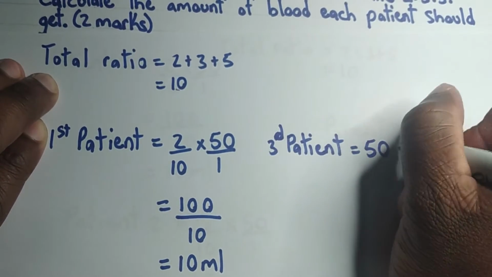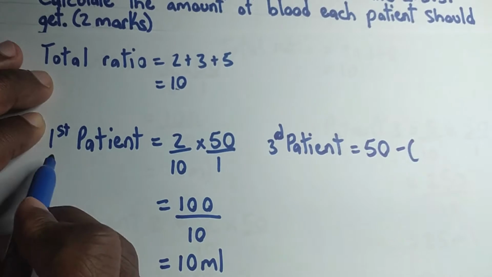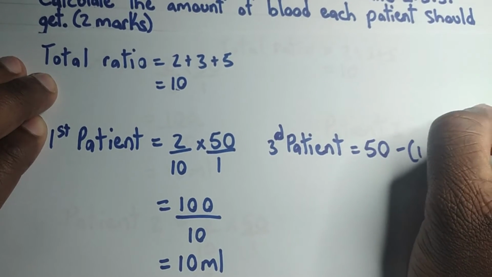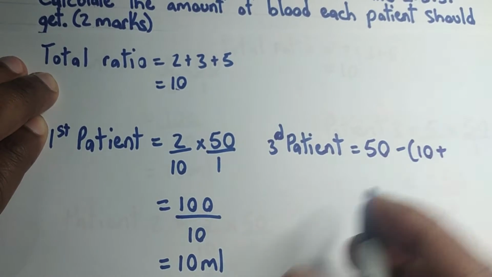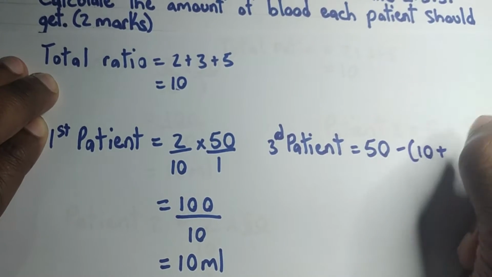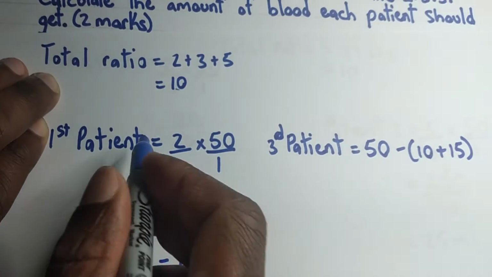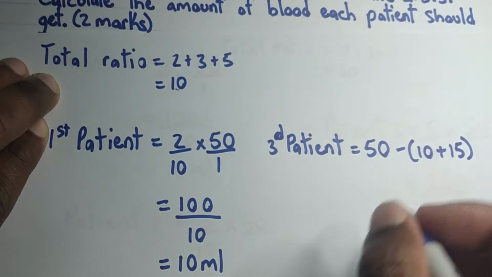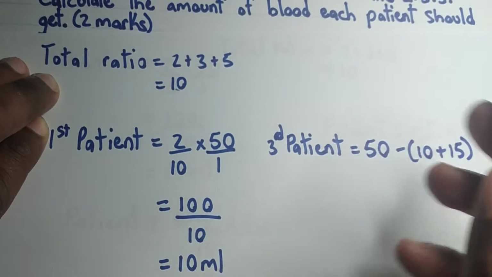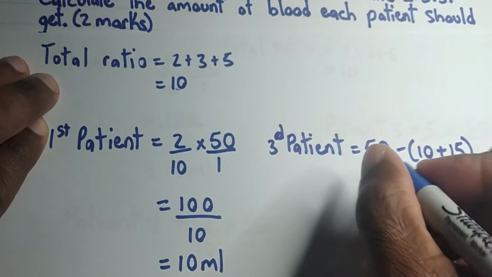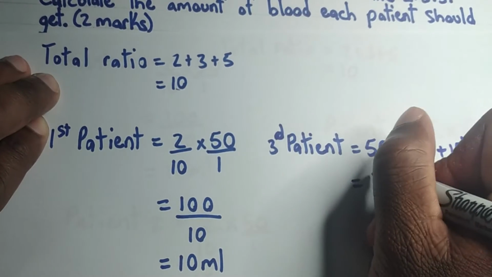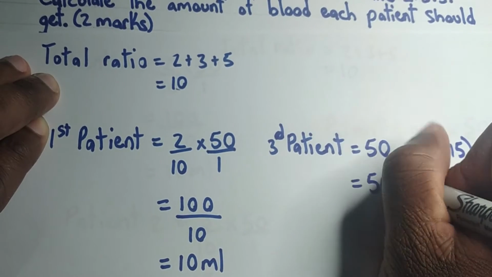50 milliliters minus what? Patient 1 would have obtained 10 milliliters of the blood, and patient 2 would have obtained 15. So what we're going to do is to add both of these shares and then minus that from the amount of blood, and that will give us the amount of blood that will remain. And again, this is just one way how you can do it.